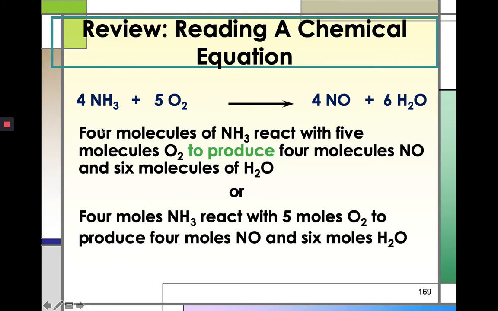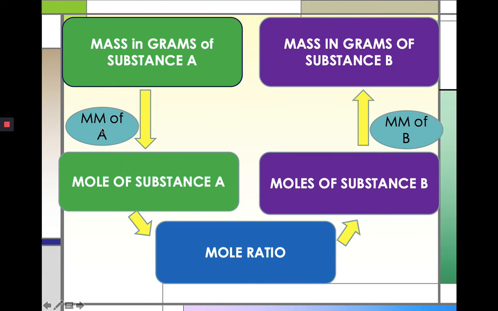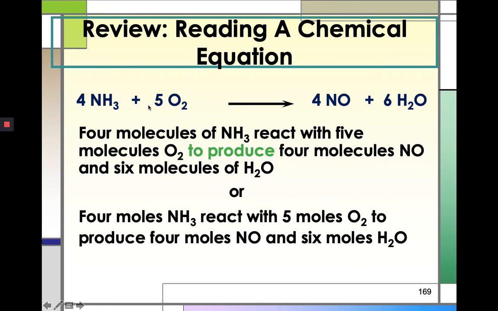All right. So most common calculation involves converting the mass in grams of substance A into the mass in grams of substance B. So, for example, you are given 10 grams of ammonia, and then how many grams of water will be produced given 10 grams of ammonia.